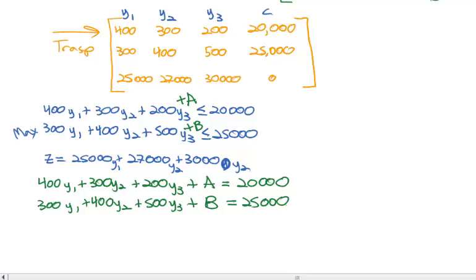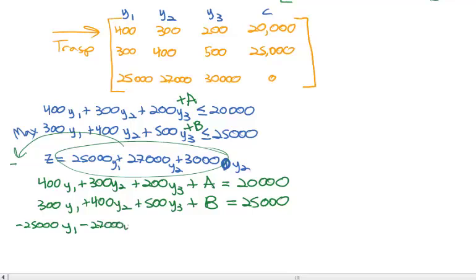And z, when we subtract everything over to the other side and making it negative, we get negative 25,000 y1, negative 27,000 y2, negative 30,000 y3 plus z always equals 0.